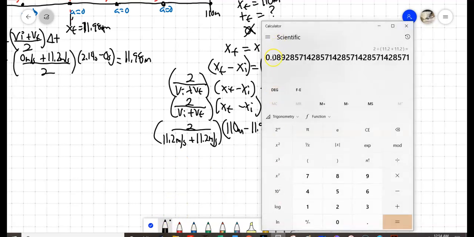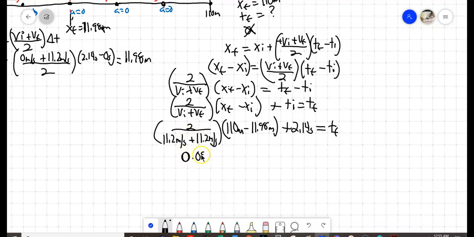Let me just double check that. So that's 22.4, and 2 divided by 22.4 is the same thing. So this is 0.089, actually it'd be seconds over meters.